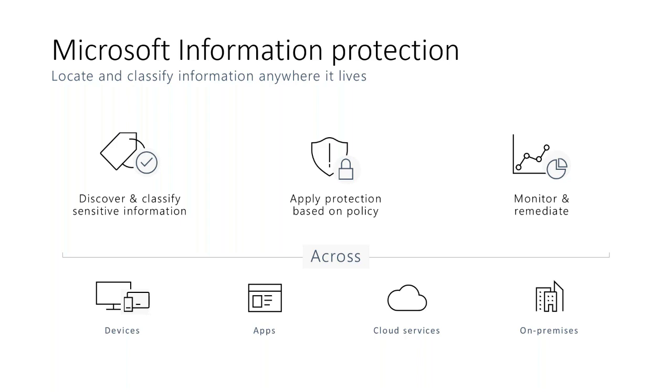But it was a little bit disjointed. But now they've kind of started to unify that labeling system across all those services, and with this, it makes things a lot easier on, I guess, IT as you start to look at information protection.